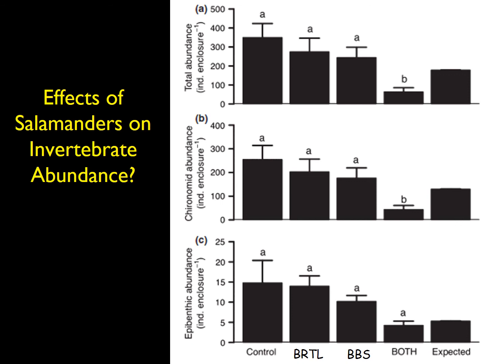But two species together did. And you see that little expected bar all the way to the right. That's the expected abundance based on the role of each species. So what that's showing is that two species together have a greater role than they do separately.